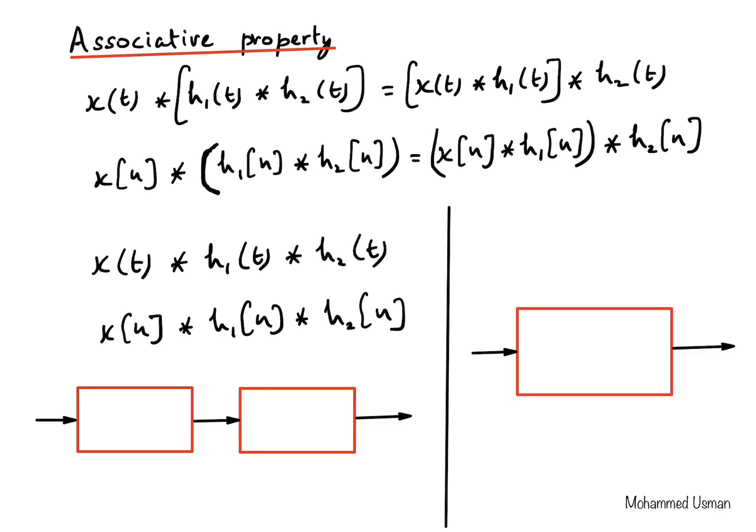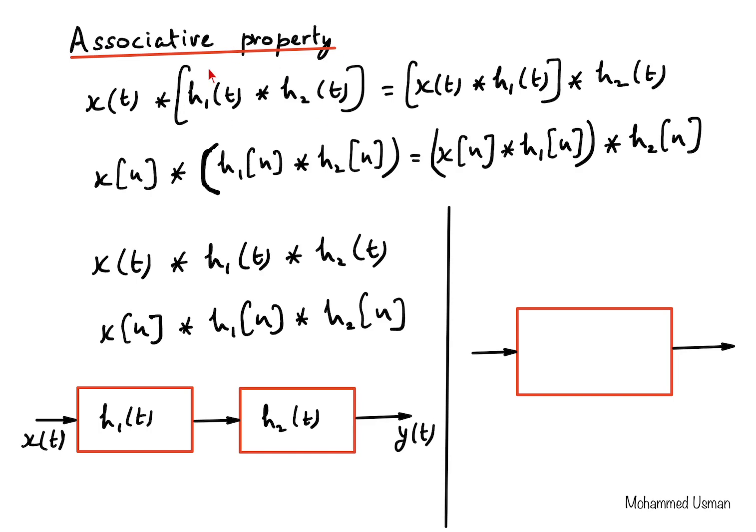If we have two systems in series, where the first system has an impulse response, let's call it h1 of t, and the second system has an impulse response h2 of t. Since we can convolve h1 and h2 of t and then convolve it with x of t, we can combine these two as a single system whose impulse response is a convolution of h1 and h2 of t. So this, when having an input x of t, produces an overall output y of t.